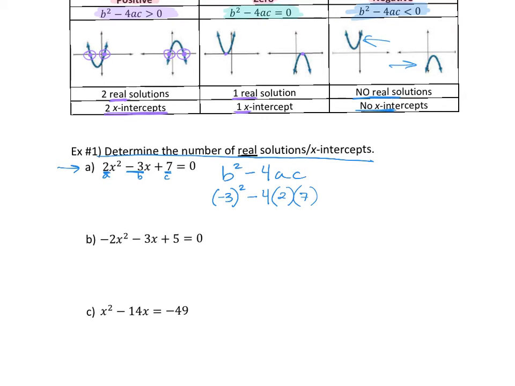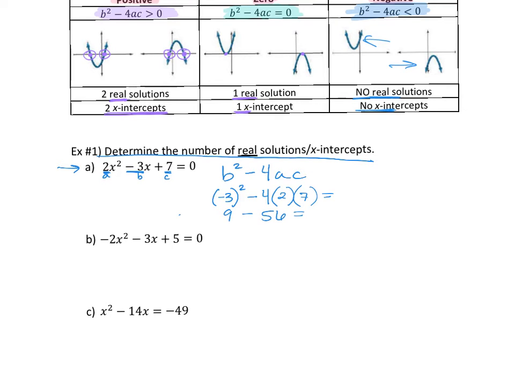And don't forget PEMDAS here. If you plug it straight into the calculator, it should do PEMDAS for you as long as you keep your parentheses. If you don't and you want to simplify, we would do it like this. This would be 9 minus, and then 4 times 2 times 7 is 56.